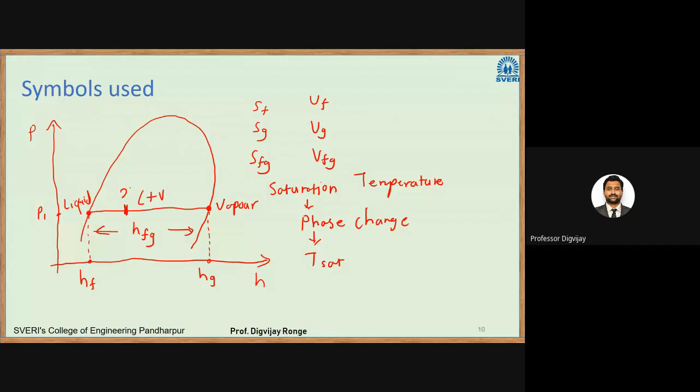Dryness fraction means it starts converting from liquid to vapor. So x at liquid is 0, and at vapor x is equal to 1. Its dryness is increasing, and that is indicated by the dryness fraction. These are the notations; I hope you have understood them, and we'll now move towards our numericals.